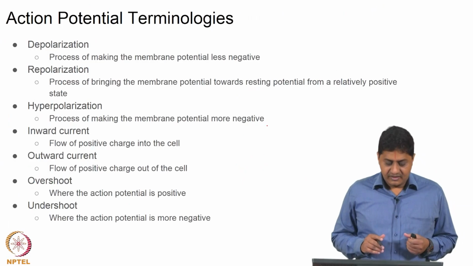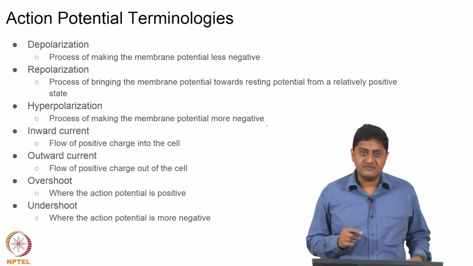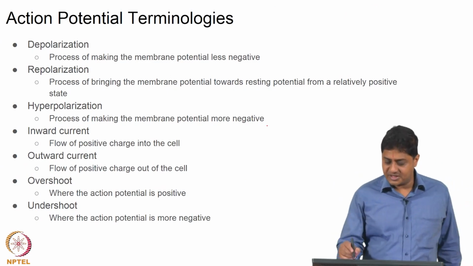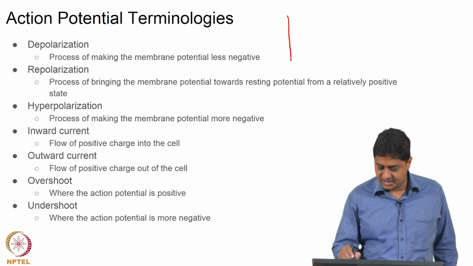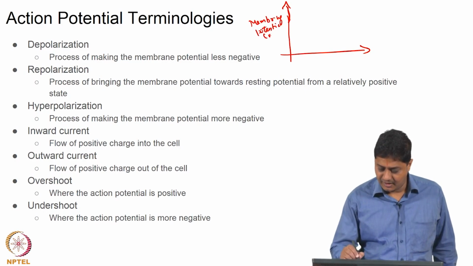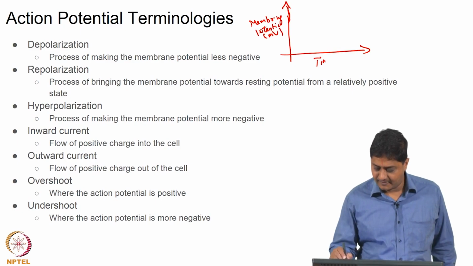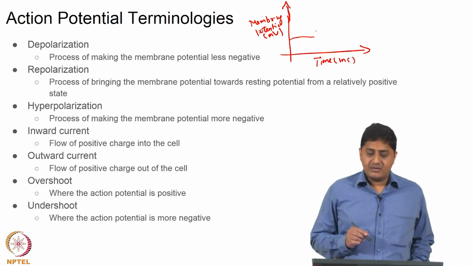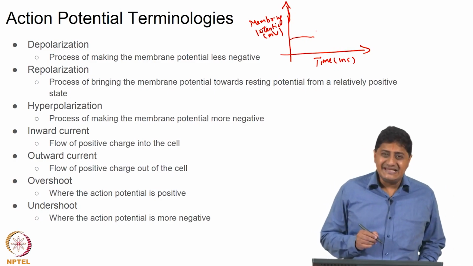Then we have the situation with action potential. We will have to discuss what this is in a bit. So suppose we take the case of membrane potential in millivolts, against time in milliseconds. Suppose the membrane is at rest, and so that is the value that you are having, and suppose the membrane becomes slightly less negative.